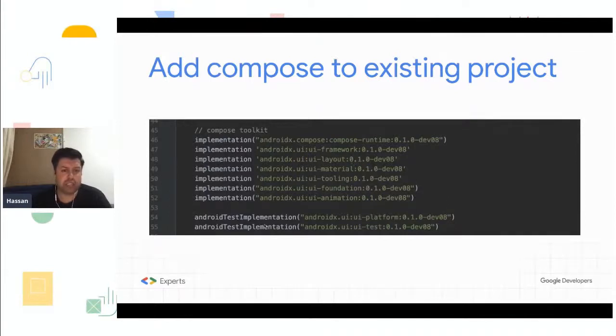And there is also some test implementation, so you can test your Compose UI at the same time. And just recently, this animation package was added. So it means animations are also available, and material library, material theme is available for Compose already.